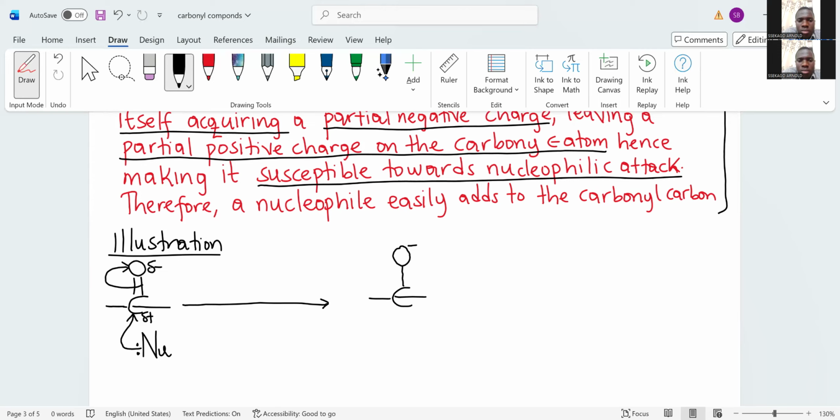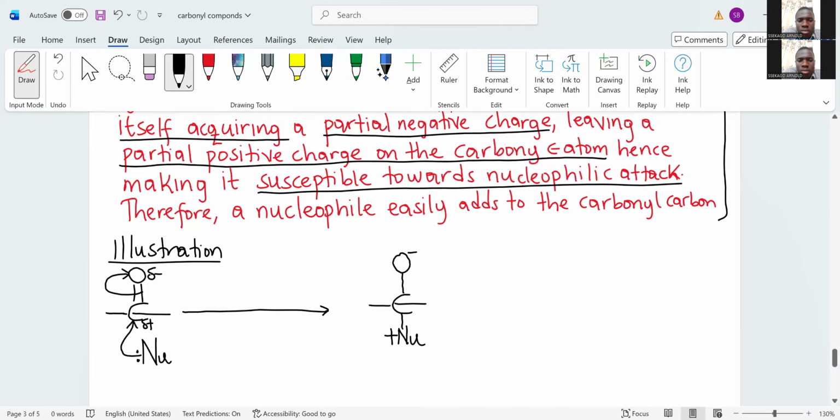So oxygen acquires a full negative charge. Then this carbon atom bonds with Nu. And Nu had electrons. It has donated them. So it is electron deficient. It has a plus. So that's what we mean by nucleophilic addition reaction.